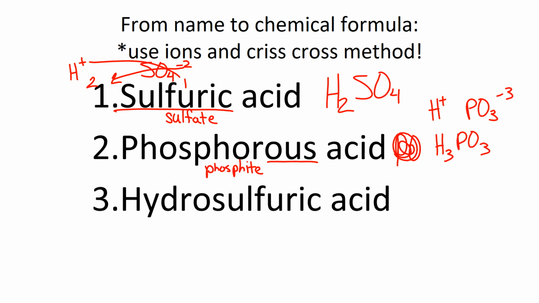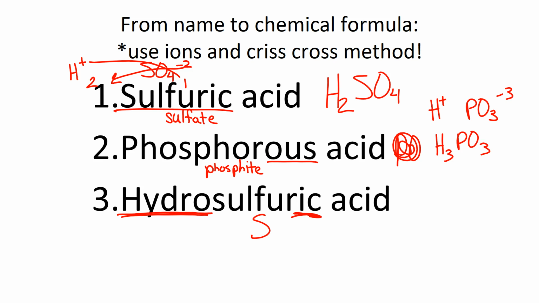All right. Sulfuric. All right. So this one, we have hydro in front. So that means that this has to be binary. So I'm not looking for a polyatomic ion there.